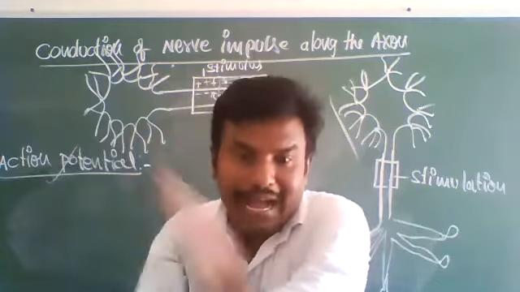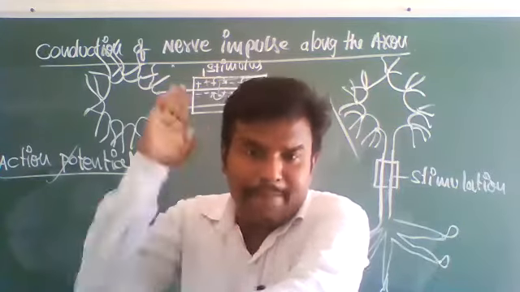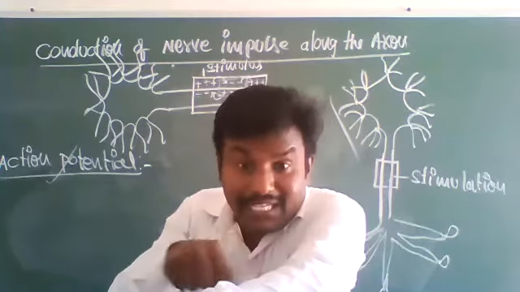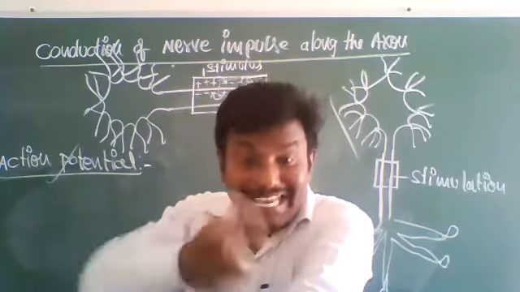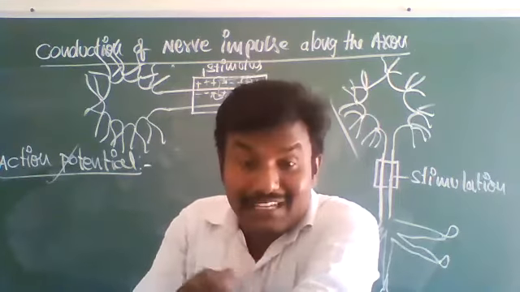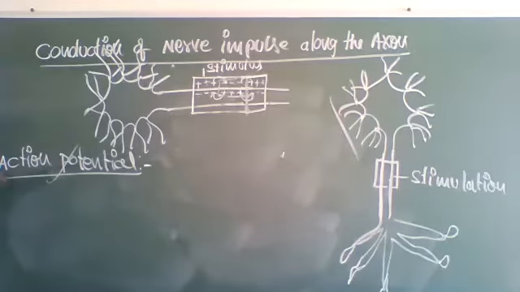When stimulations are applied to the neuron, a disturbance occurs at a particular stimulation, and it brings about a change in the potential in that particular area. That is definition one.